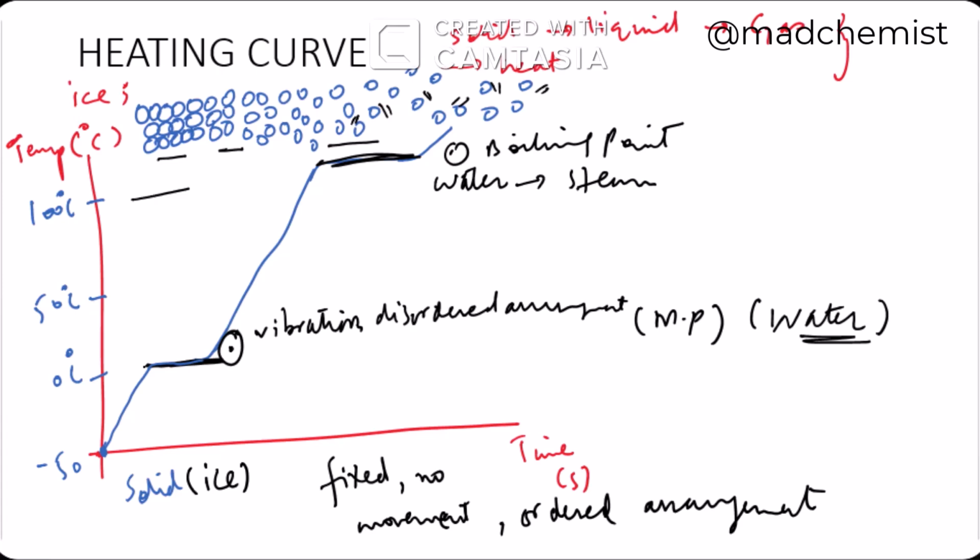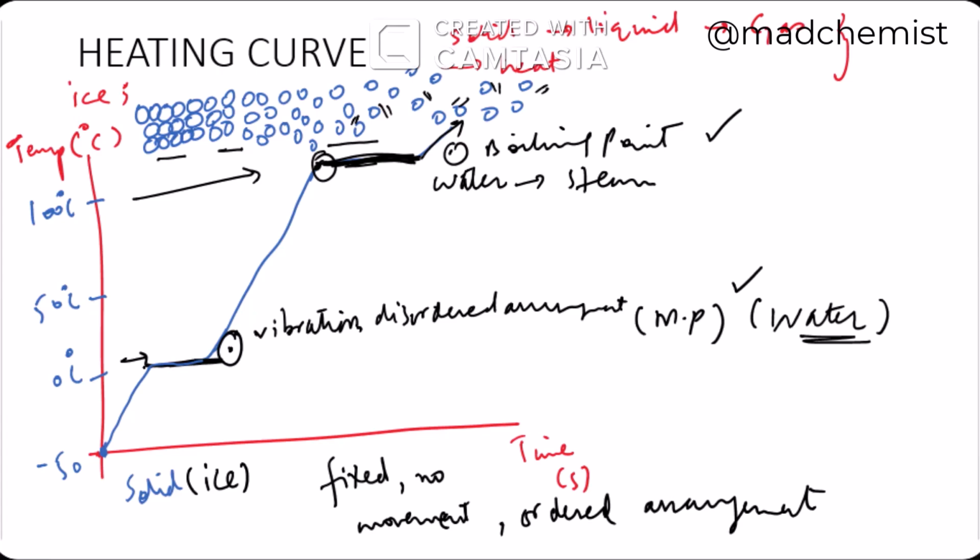At this temperature, the water starts boiling, the water starts converting into gas, and for all this time where the graph is shown horizontally, the whole liquid water is converted into gaseous form. Here occurs the boiling point, here occurs the melting point.